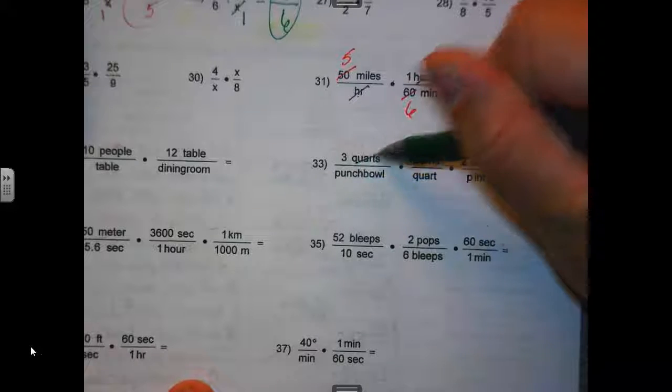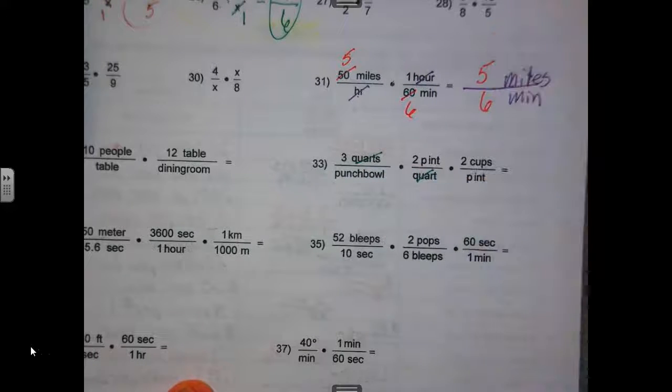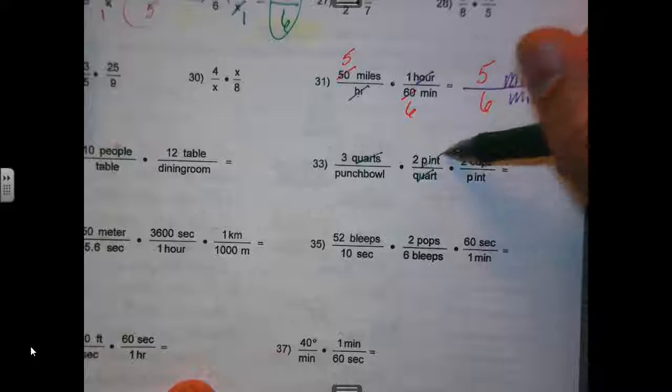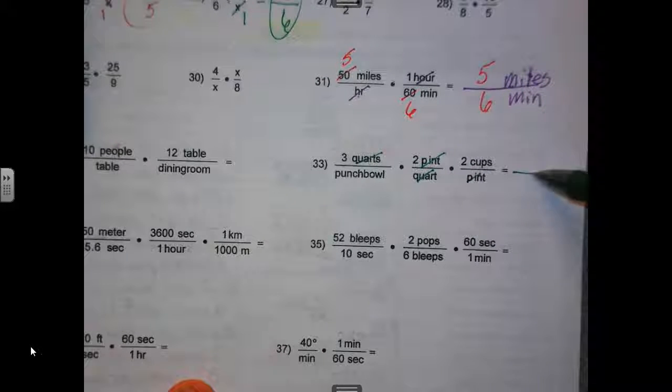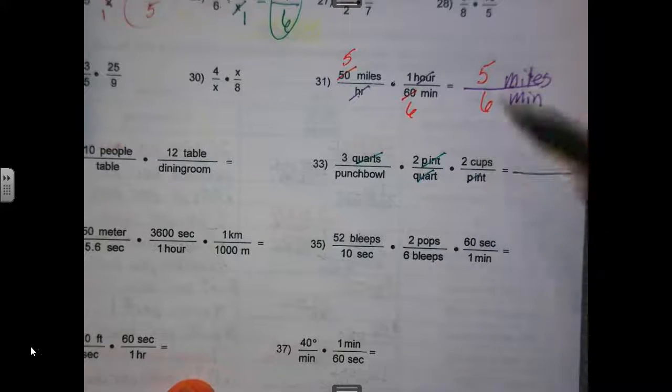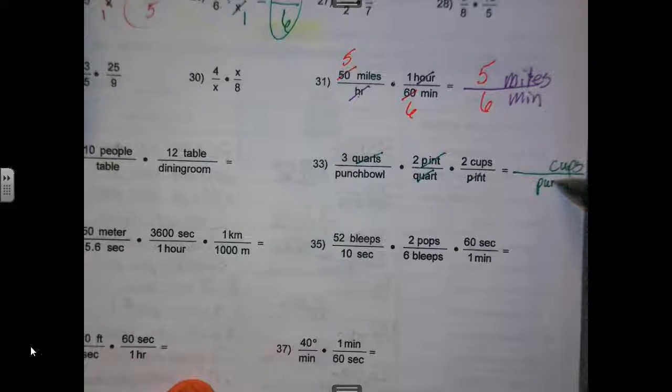33. See, I can cancel out quart, quart, pint, pint. Yep, cups, punch bowl. And any numbers?